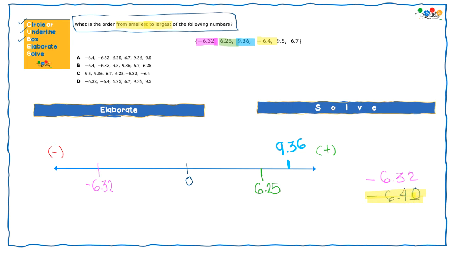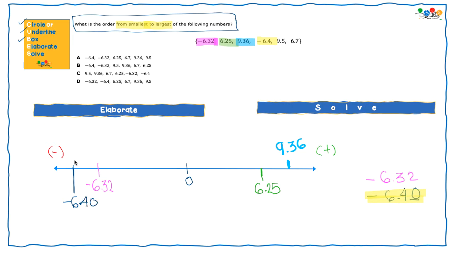If you keep counting from 0 towards the left, you see how the values seem to be increasing. Like 6.32, 6.33, 6.34, 6.35, 36, 37, 38, 39, and then 6.40 should be more towards the left. This is what I wanted you to see: negative 6.4 is like negative 6.40. Great.